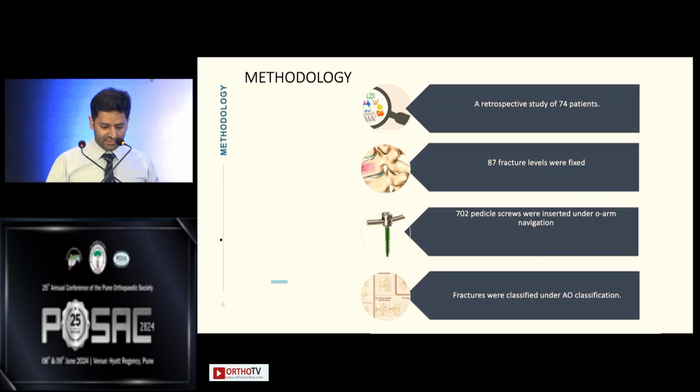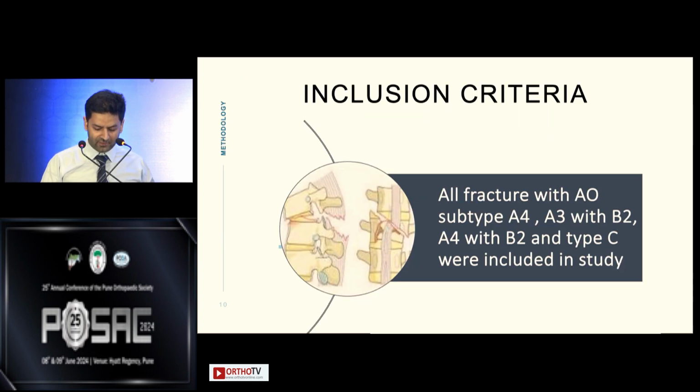So we did a study. We selected 74 patients, and 87 fracture levels were fixed. There were 702 pedicle screws inserted under OAM navigation. We used the AO classification for our reference. The inclusion criteria were all clinically unstable fractures that classify for operative treatment under the AO classification.